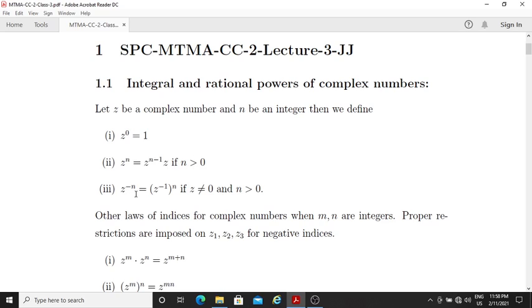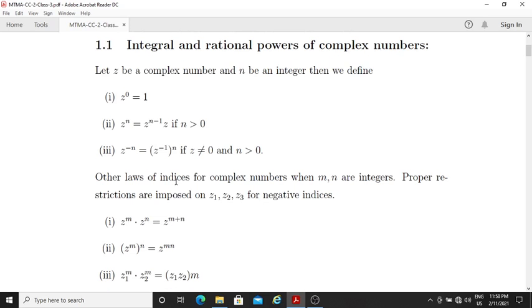To the power minus n means it's in the denominator, so z must be a non-zero number. If it is 0, you cannot put it in the denominator. So if z is non-zero, then z to the power minus n is the same as z inverse, that means 1 by z to the power n.